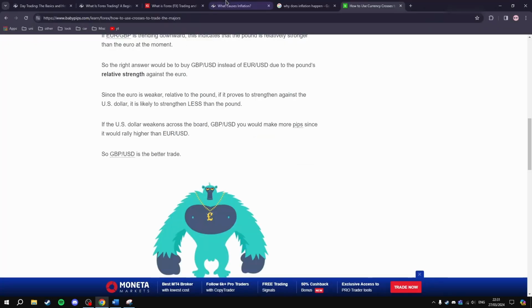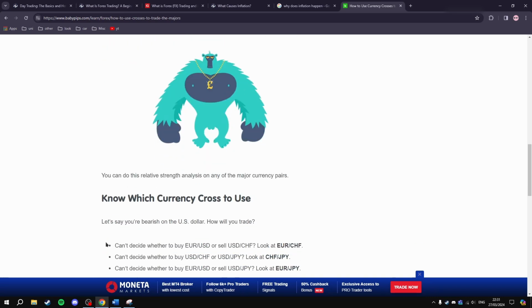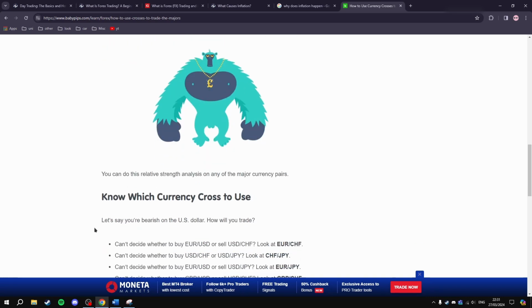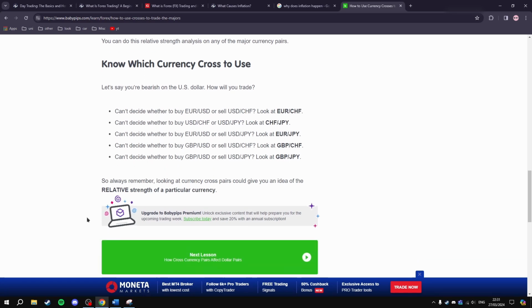Whoa, this is kind of confusing, you know? You can do this relative strength analysis on any of the major currency pairs. Know which currency cross to use. Let's say you're bearish on the US dollar. How will you trade? Can't decide whether to buy EUR/USD or sell USD/CHF? Look at EUR/CHF. Can't decide whether to buy USD/CHF or USD/JPY? Look at CHF/JPY.